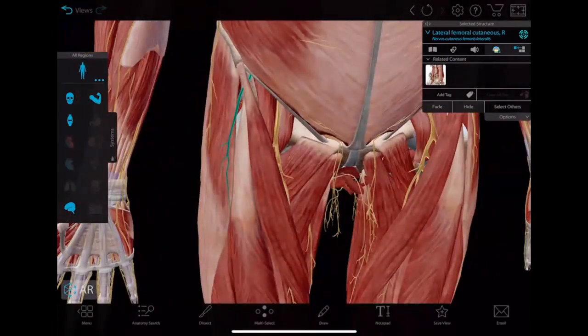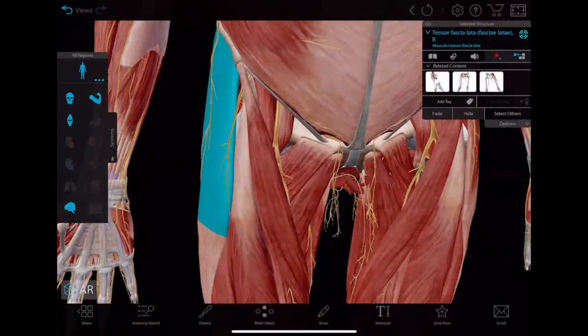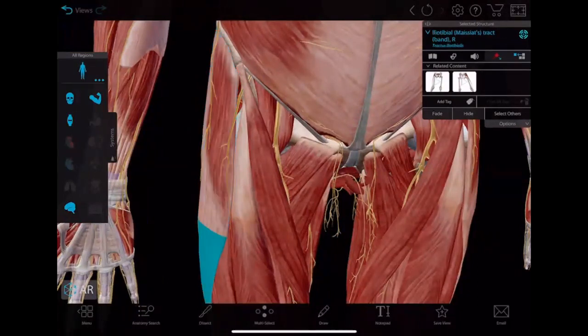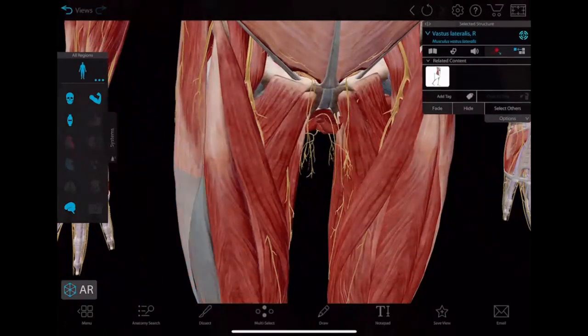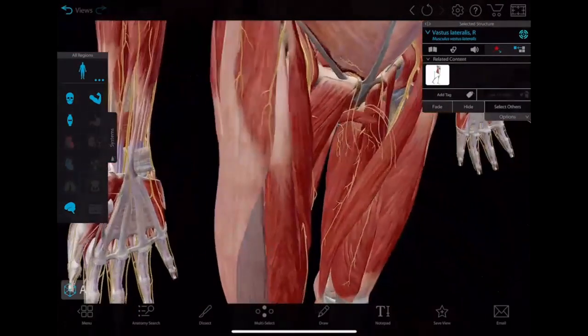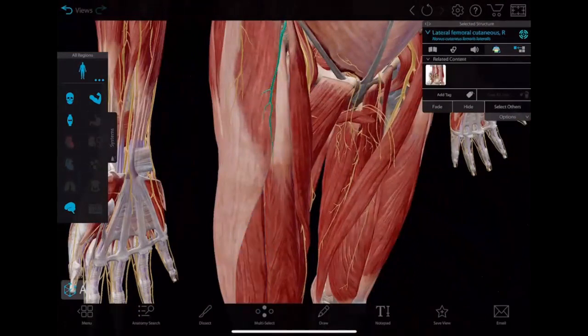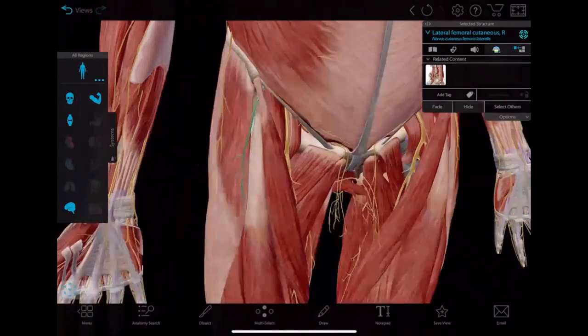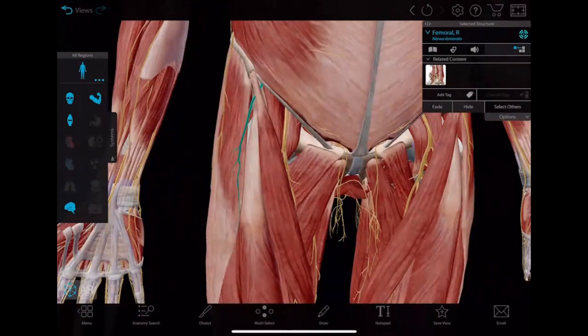So tensor fasciae latae, anterior and lateral aspect of the thigh. So this is the femoral cutaneous nerve of the thigh. This is the femoral nerve.